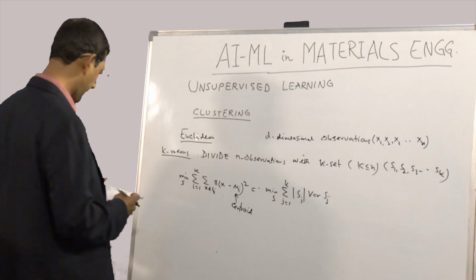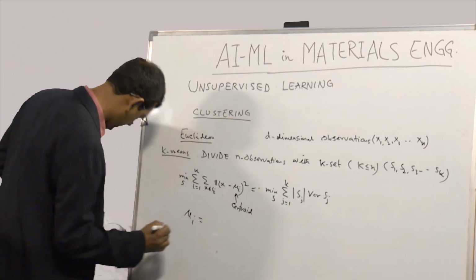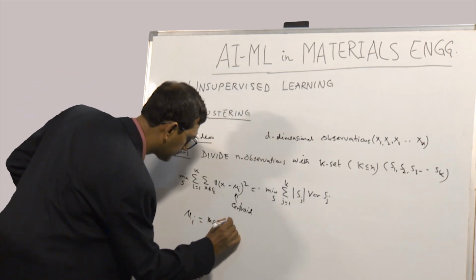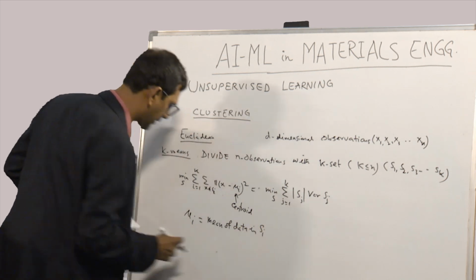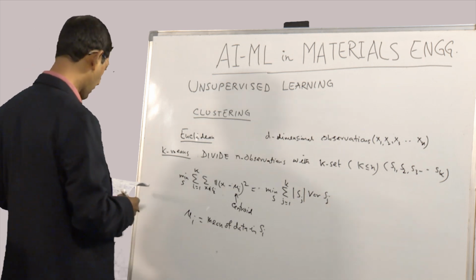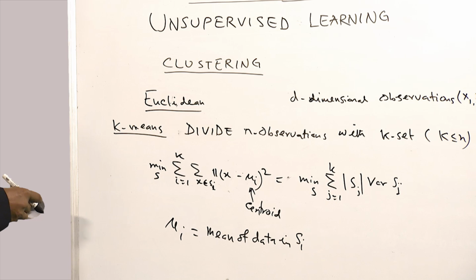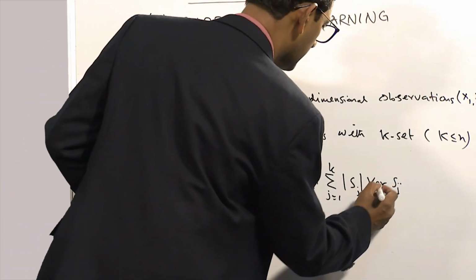So, therefore, let me write this down. So, mu i is the mean of data in Si. n is the number of observations. Am I clear? So, now this var is variance. Okay.